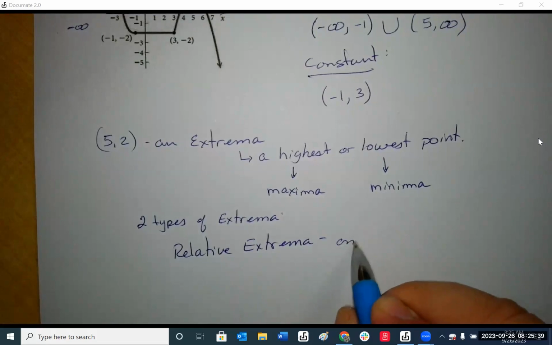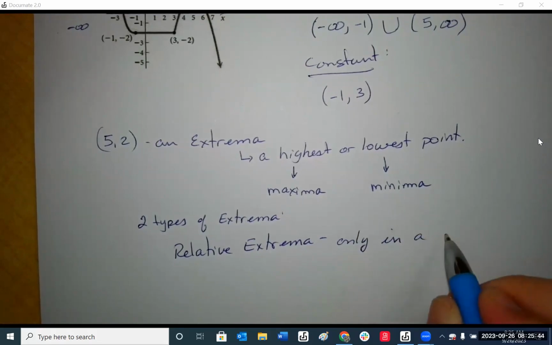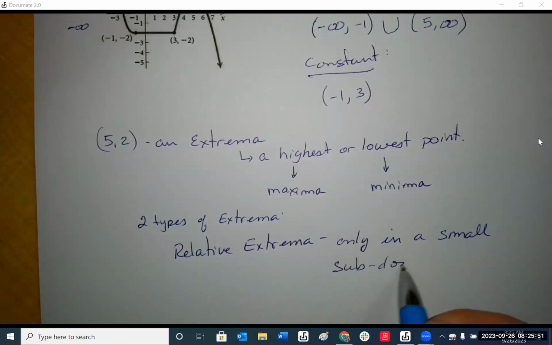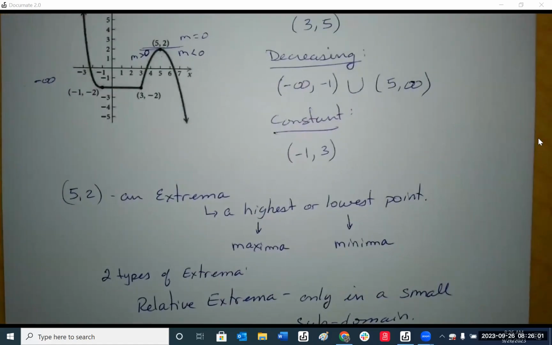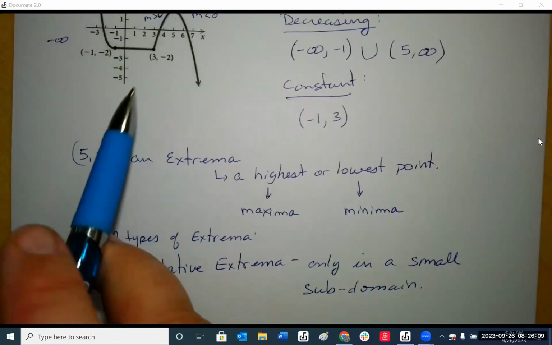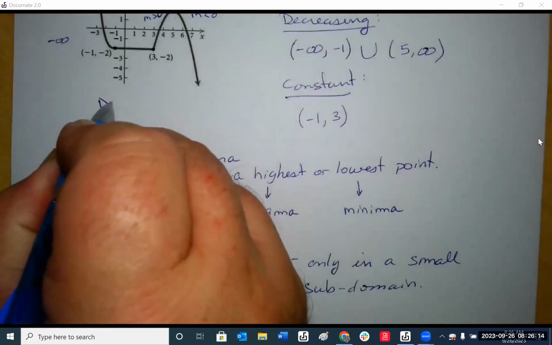That means only in a small subdomain, because the domain of our graph is what?